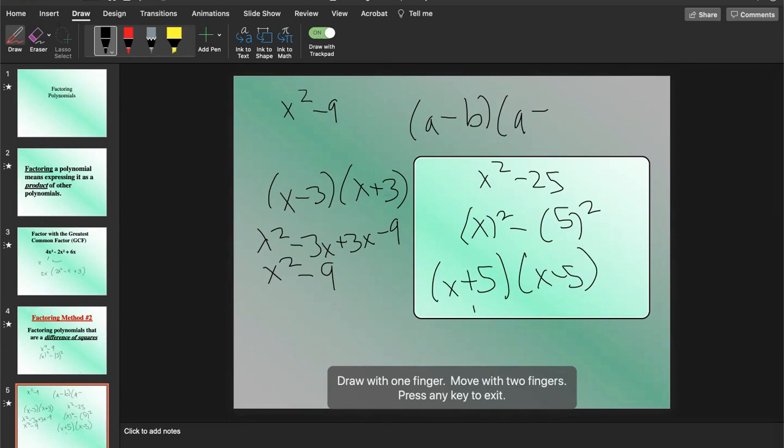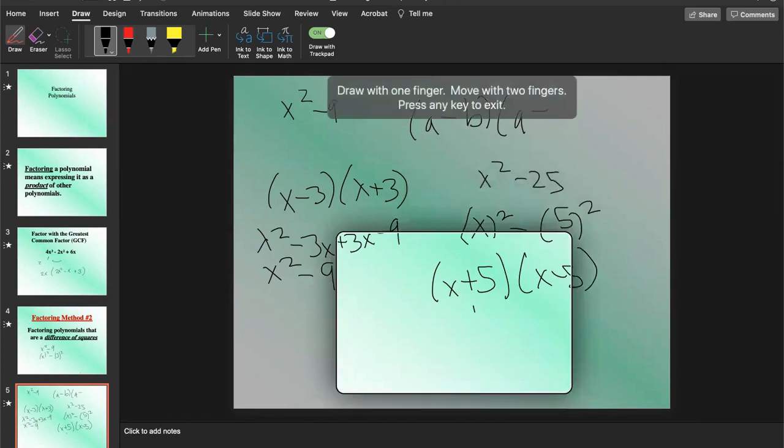A lot of students get confused when they try to factor it into x plus 5 times x minus 5, and they mix it up. Just keep in mind it might not necessarily be 25, because you have to break it down into a squared format like 5 squared, and then you'll be able to get your factoring.